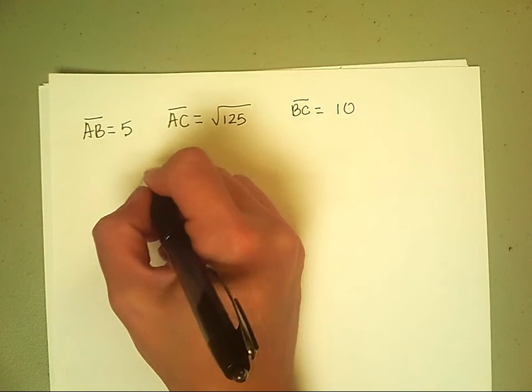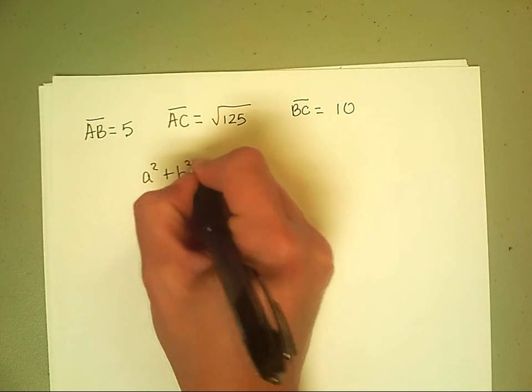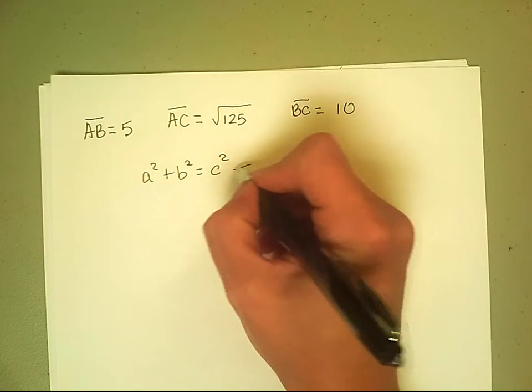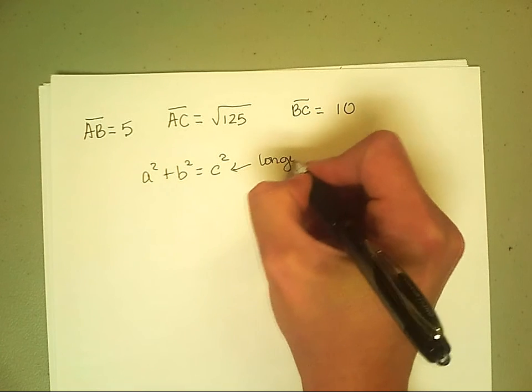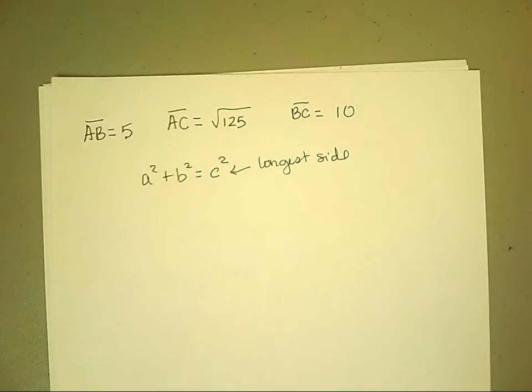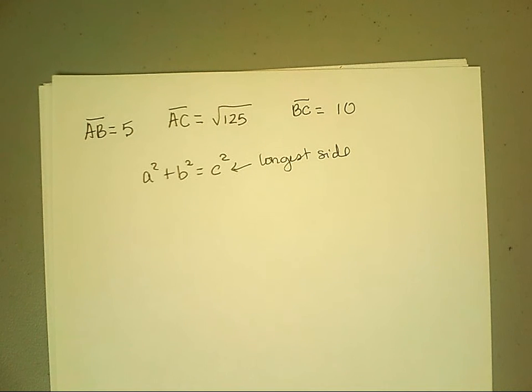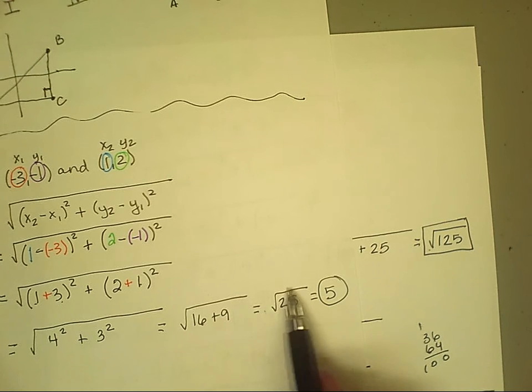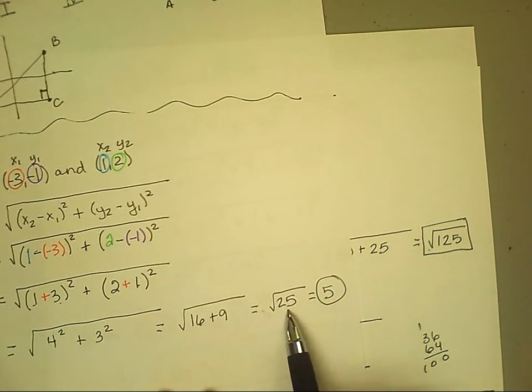So now we need to find out if A squared plus B squared is equal to C squared, remembering C is the longest side. So which of these is the longest one? Well, if you're not sure, you can just look back at the square roots. AB was the square root of 25.